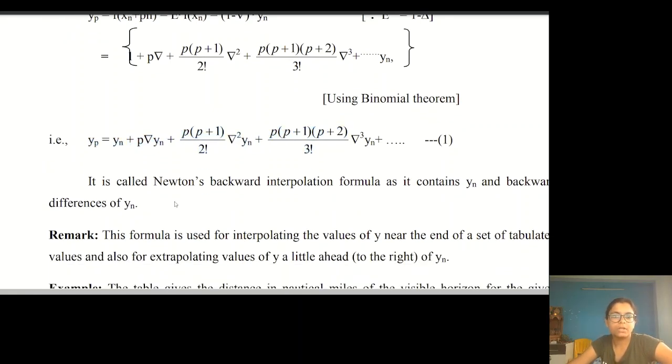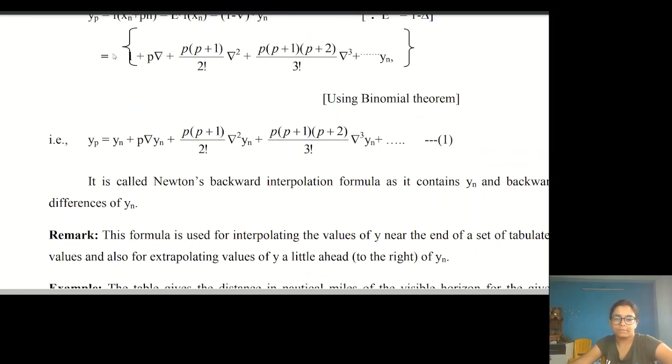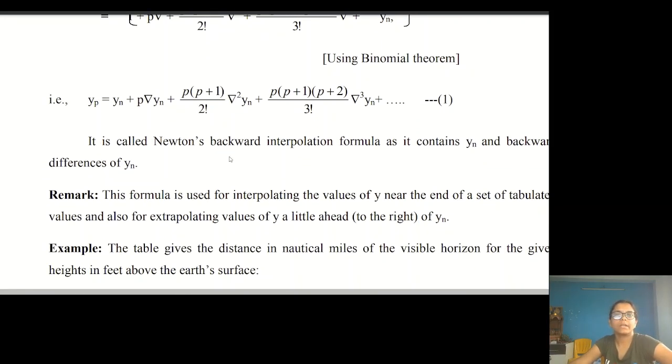And what is this called? This equation is called Newton's backward formula, as it contains yn and backward differences of yn. This is the generalized form of the whole equation. And this formula is only used for the end of a set of tabulated values.